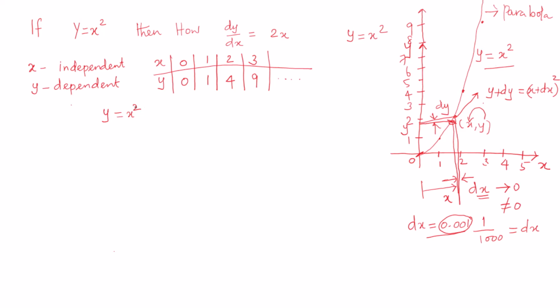So y equal to x square is the first point value, and a small increment dx is added here. x plus dx the whole square will be equal to y plus dy, the corresponding value. So here y plus dy, and this is x plus dx. It will follow the same equation, y equal to x square, the same parabolic equation.